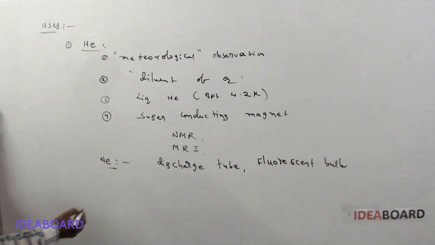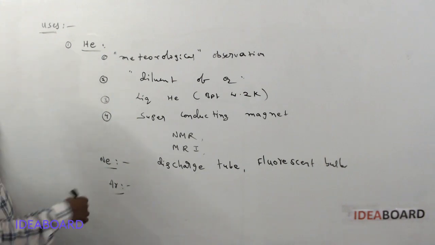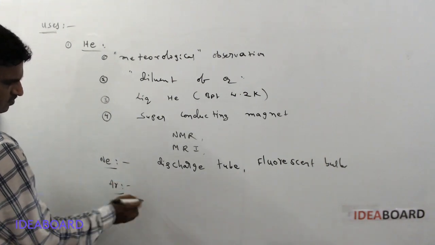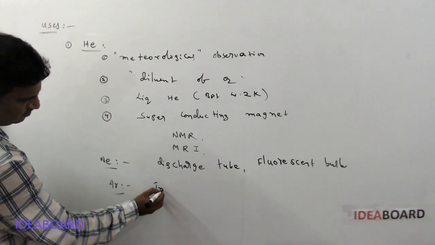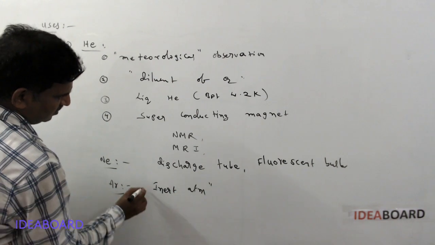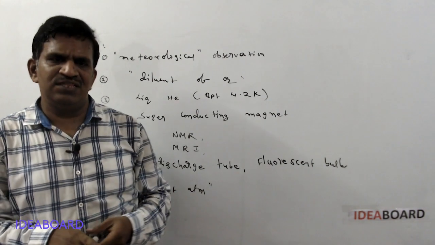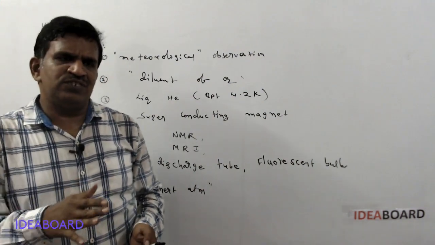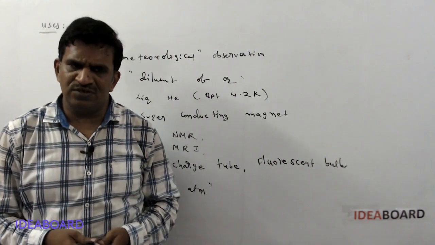The next one, argon. Here argon is used in the same discharge tubes or in fluorescent bulbs, and the main purpose of argon is to provide an inert atmosphere in some industrial processes, mainly in metallurgy, in metal extraction. Suppose sodium extraction is conducted in the Castner process or in the Downs process.